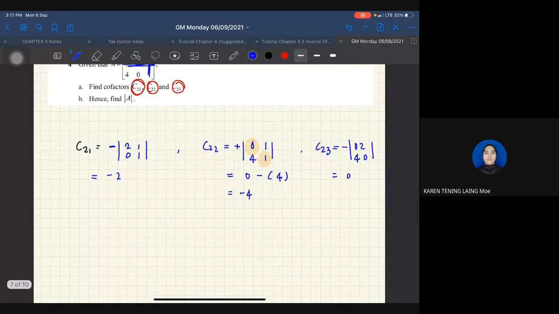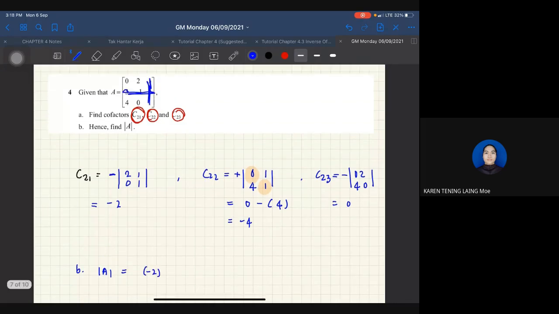Okay, and then part B dia suruh awak find determinant of A. So sama juga cara dia macam yang saya dah explain sebelum ni. Okay, so for you to find the determinant of A, you just multiply the cofactor that you have find. So this one over here, cofactor awak adalah negative 2. So you just multiplykan dengan elemen yang berada di dalam row tersebut. Okay, so maksudnya awak akan darabkan dengan 3.